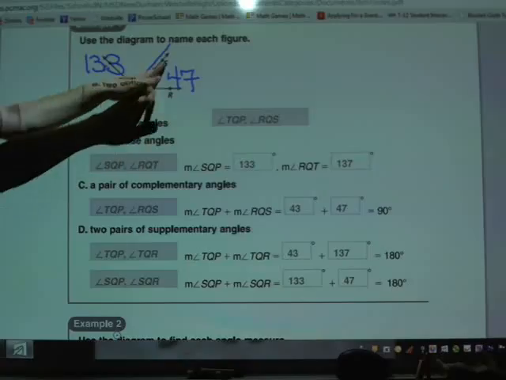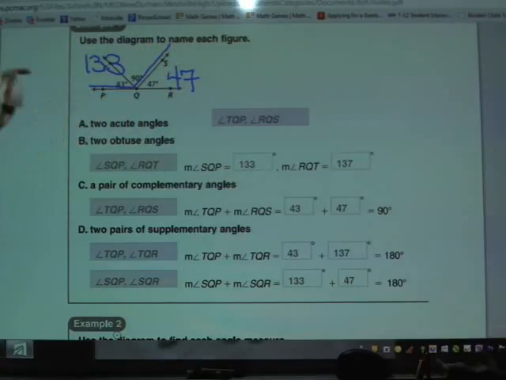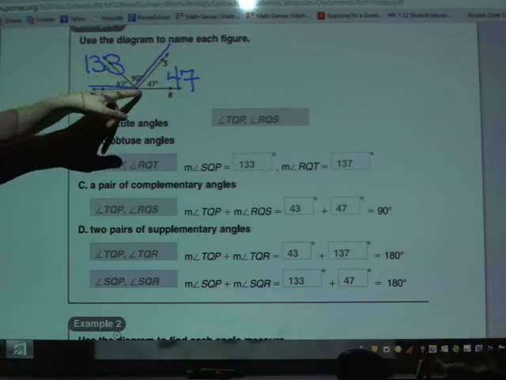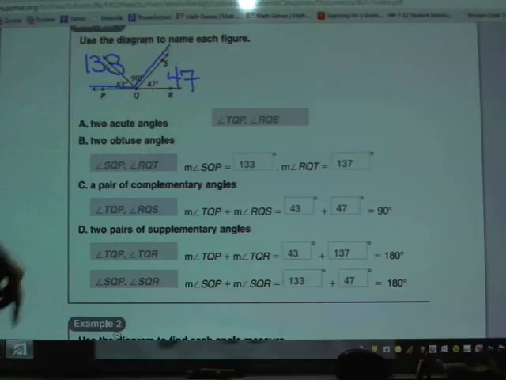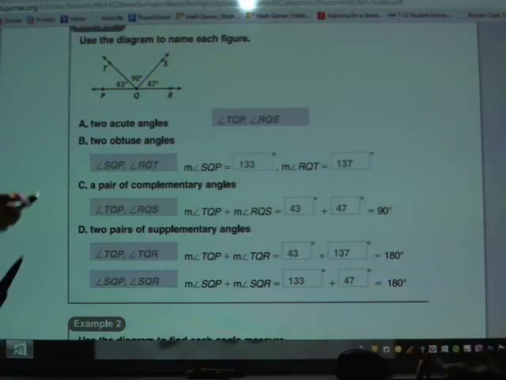So I could say that PQS, or SQP, whatever you want to call it, and SQR, or RQS, is a set of supplementary angles.